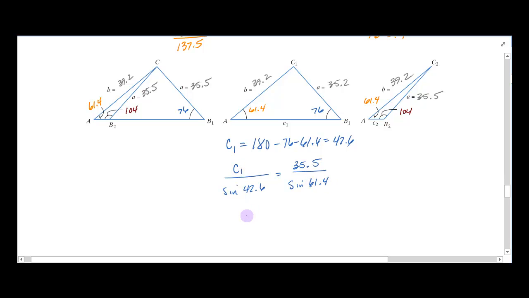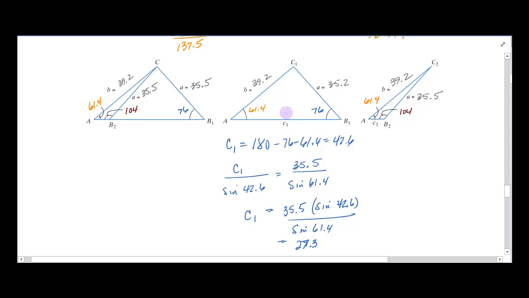So we're solving for C1. When we cross multiply, 35.5 times the sine of 42.6 divided by the sine of 61.4, we find out that side C1 would be equal to about 27.3. Okay, so that's how we used angle C1 and side C1 to find out the rest of our triangle.